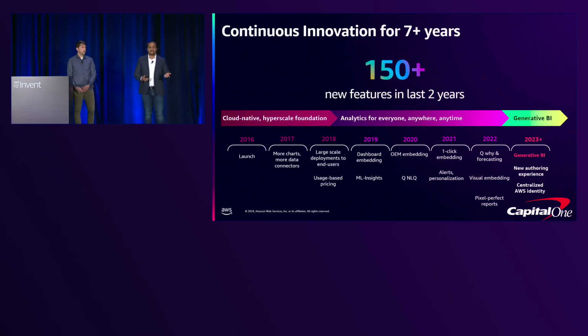As you can see, just in the last 2 years, QuickSight has been able to release more than 150 features, including key features like click embedding and pixel perfect reports. These are all capabilities that we are also internally able to take into the lines of businesses and add value. And looking at what we did in the past, what really excites me is what's coming in the future.